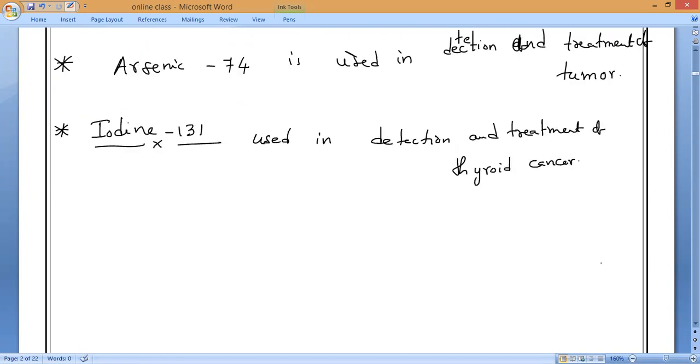Next, phosphorus-32. Phosphorus-32 is used in the agriculture field.